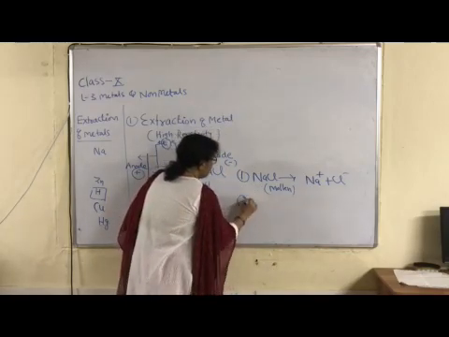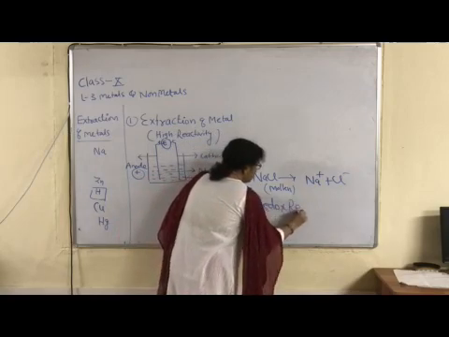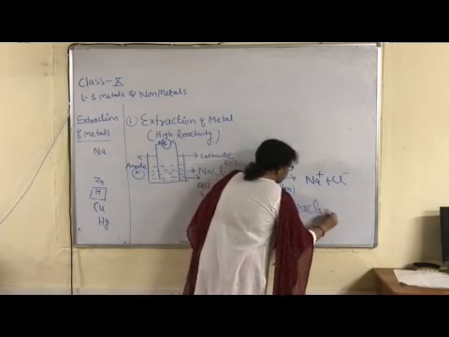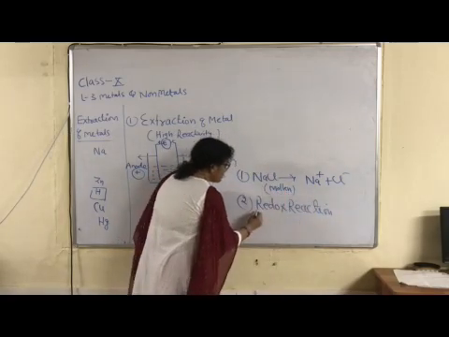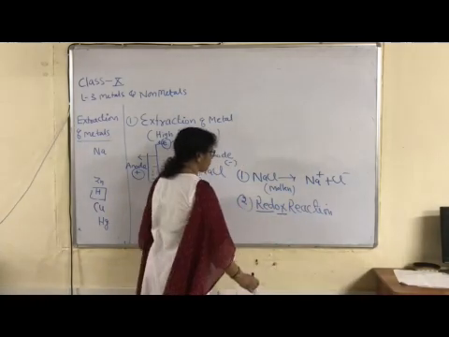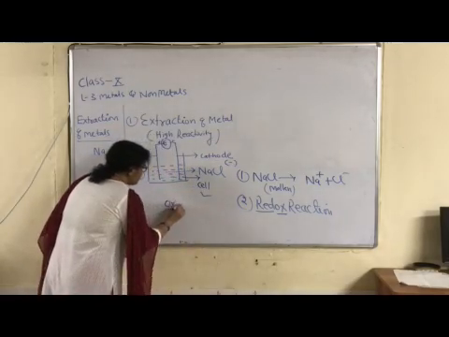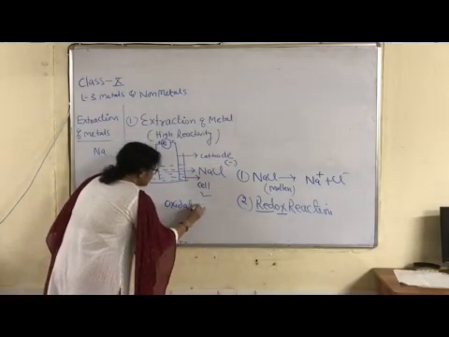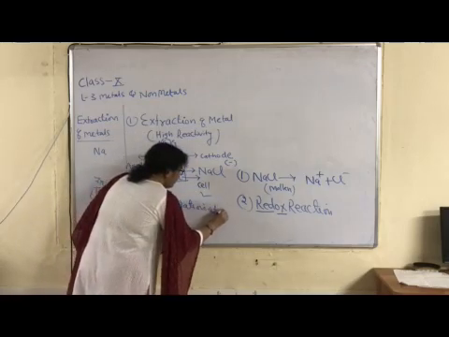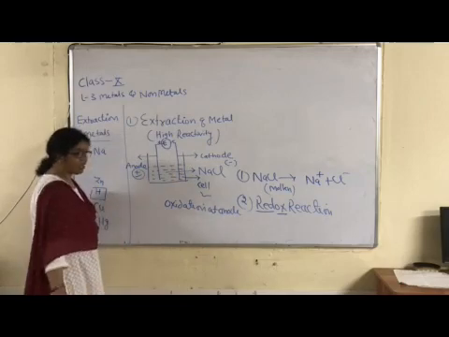Second step is the redox reaction. As you know, red denotes reduction and ox denotes oxidation. Always oxidation occurs at the anode. Here the anode is positively charged.